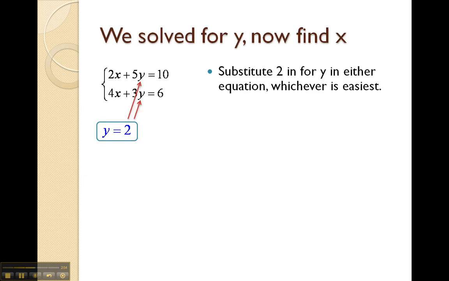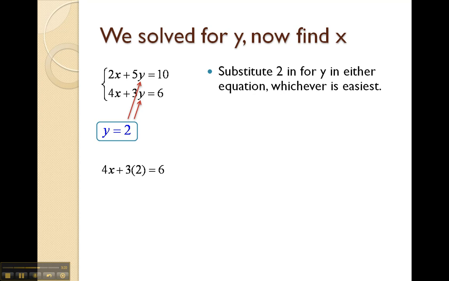Next we take that value for y, which is 2, and you put it in either equation for y, whichever one is easier. So in this case, I chose to substitute 2 in for y in the bottom equation. So I replace the y, and I always substitute with parentheses.